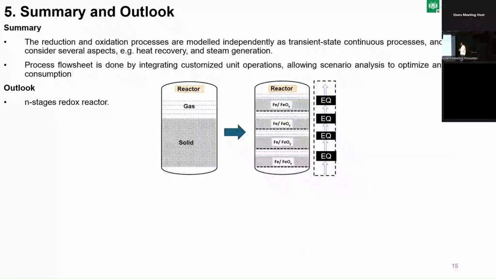So now our goal is, as I said, or maybe I didn't explain well, our redox reactor was a one-stage reactor, but now we are doing the same scenarios with staged redox reactors.